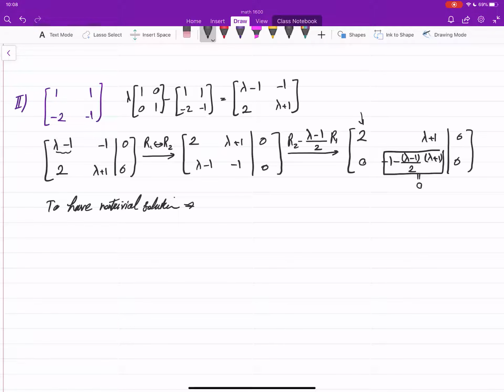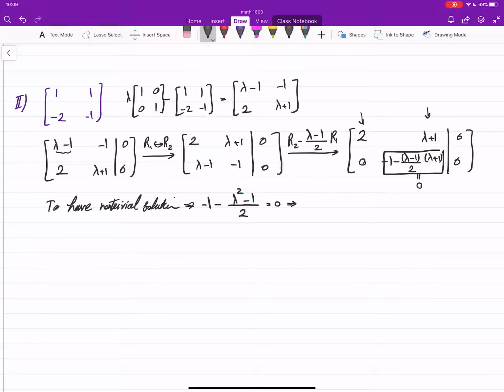If the second column also has a leading entry, then we have only the trivial solution. So we set negative 1 minus lambda minus 1 times lambda plus 1, which is lambda squared minus 1 over 2. It should be equal to 0.